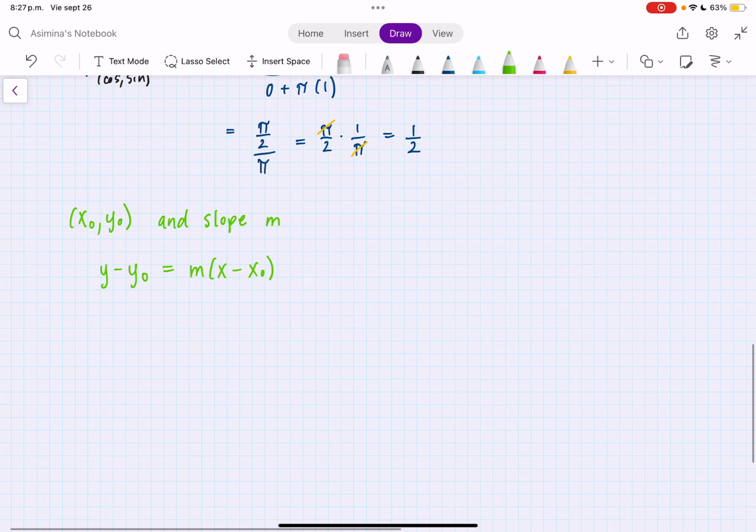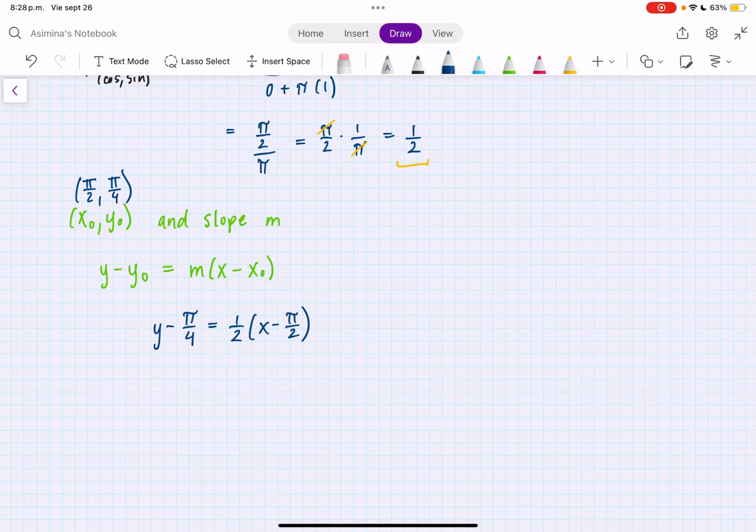So in our case, our point is pi over 2, comma pi over 4. So we have y minus pi over 4 equals, well, we just calculated the slope, it's 1/2, times x minus pi over 2.